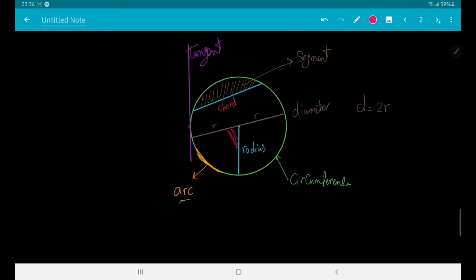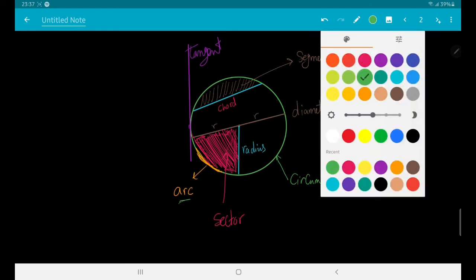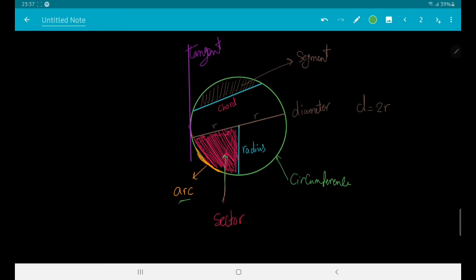This one we call the sector, because as you see, it's like a slice of pizza. This sector takes an area of the circle. So this is a sector. Tangent, segment, diameter, arc, and circumference.